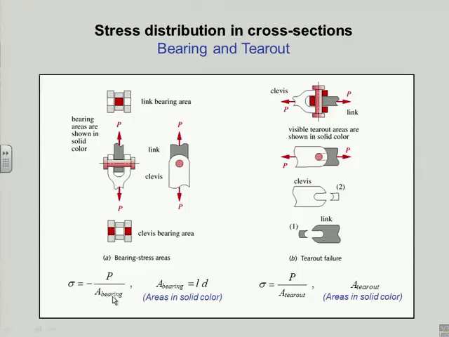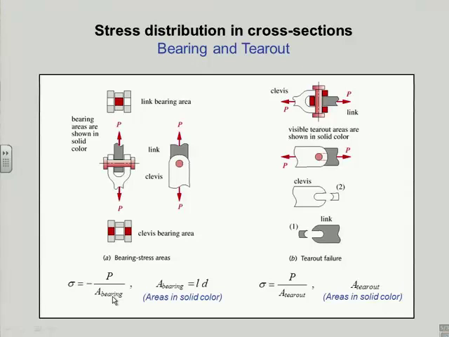Now we have to figure out what the bearing area is. Your instincts might tell you at first to think in terms of the circumference of the pin, right? And say, well, I've got half the circumference of the pin impinging upon the other part. But that's not accurate, because if you get around to the sides of that, the vertical portions of the circle, there's no real way I can push down on the other part there, and somewhere in between I'm having some push.